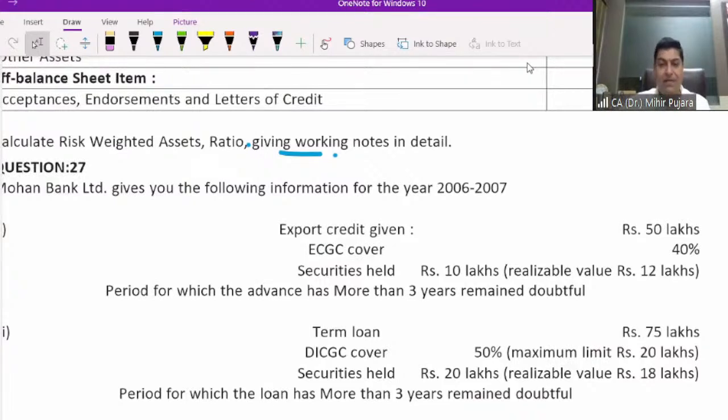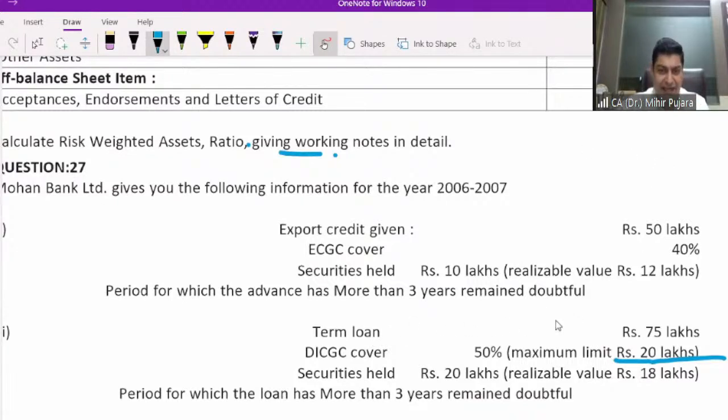it means when you apply the 50 percentage, after applying 50 percentage, that amount cannot exceed 20. If it exceeds 20, then we need to take 20 only.